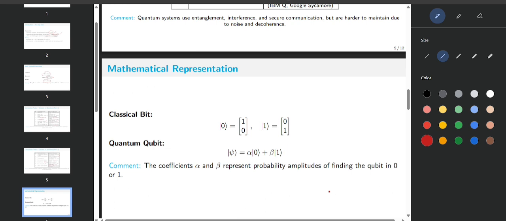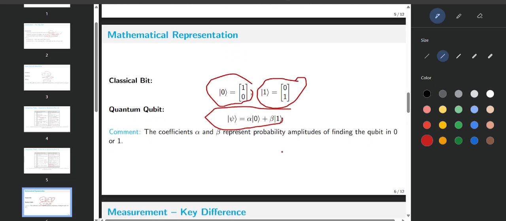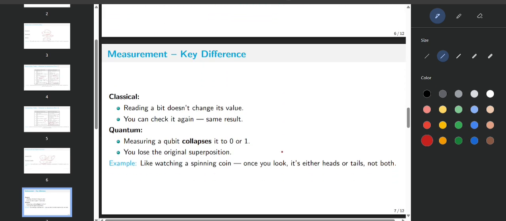Moving on to some mathematical representations, I have included all of these for your understanding. For a classical bit, ket 0 is equal to [1 0] and ket 1 is equal to [0 1]. A qubit is represented as alpha ket 0 plus beta ket 1.